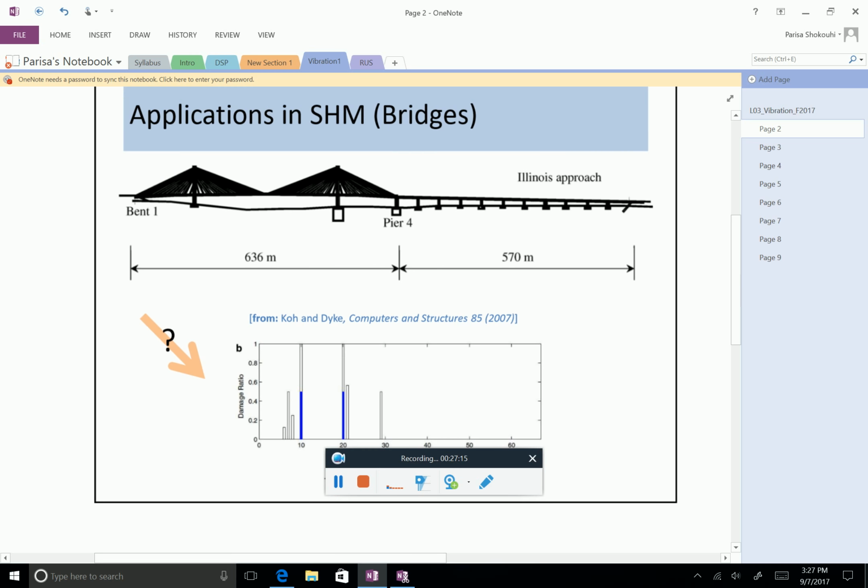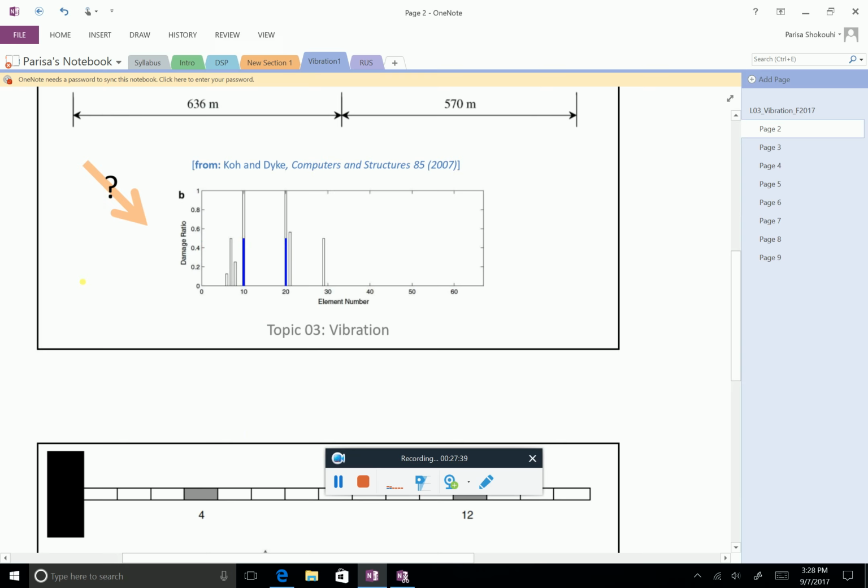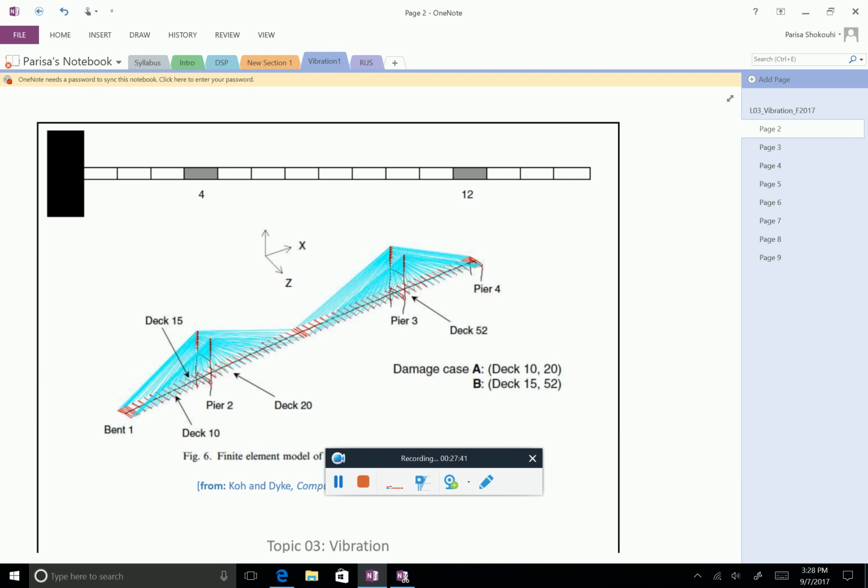So you see that you have a bridge, and the purpose of structural health monitoring is to monitor something about the bridge and to find out, for example, where in the bridge something is going wrong, so that you are prepared to take actions. So the most prominent way that people do it is actually using resonance.